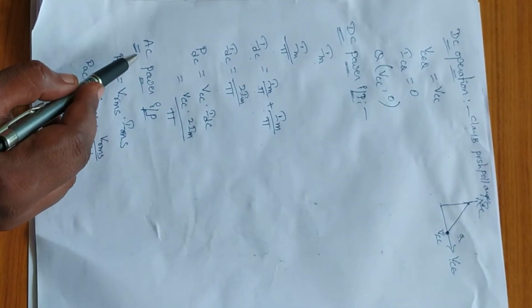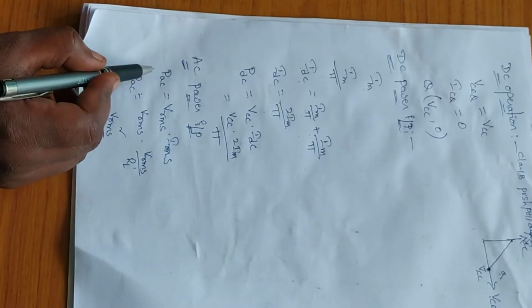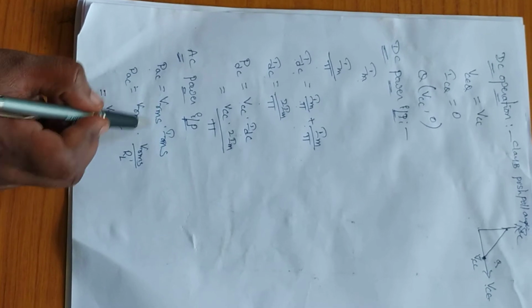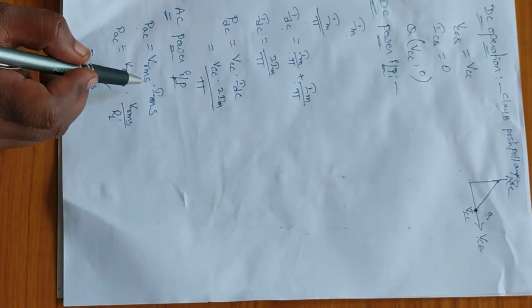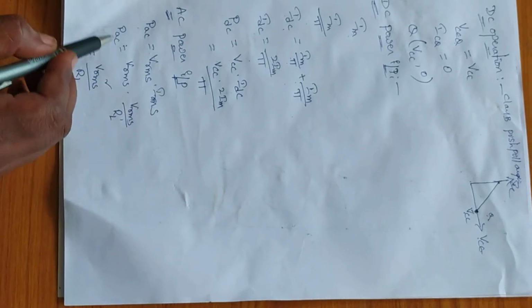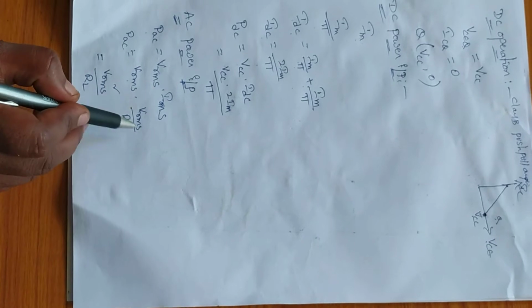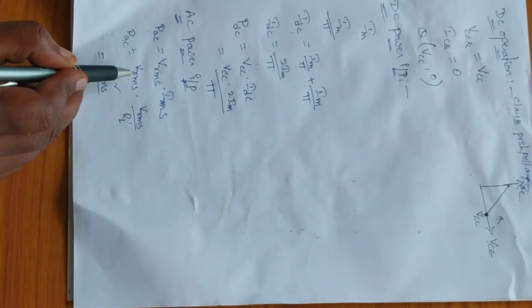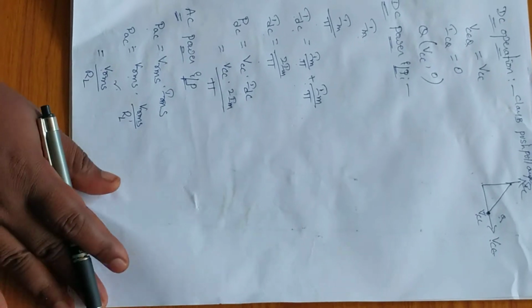Next, AC power input. We have to calculate PAC. We need RMS values. So PAC equal to VRMS into IRMS. I can write IRMS as VRMS by RL dash. So VRMS into VRMS, VRMS square by RL.